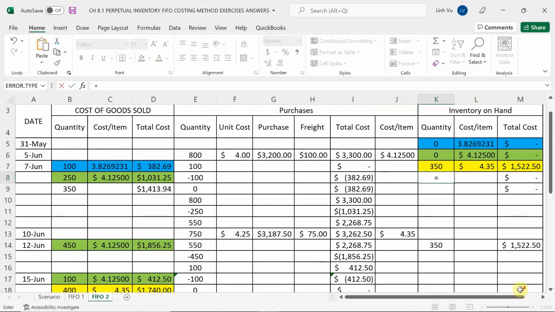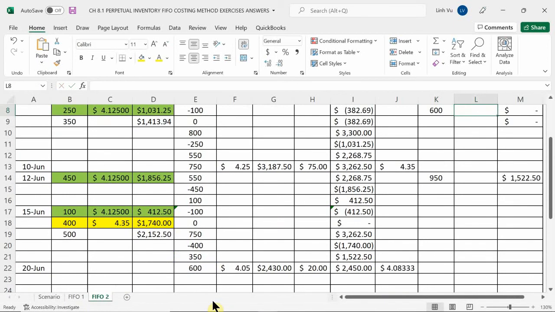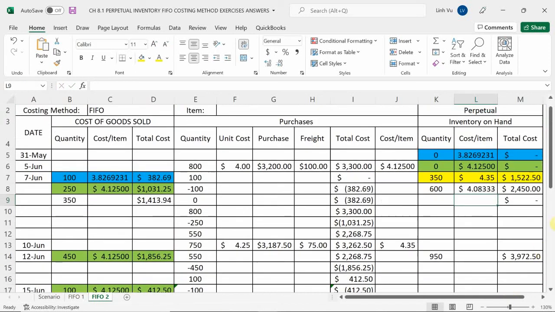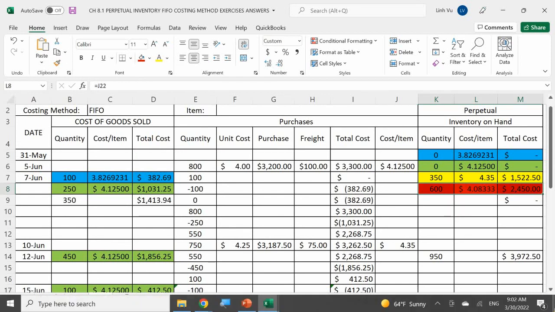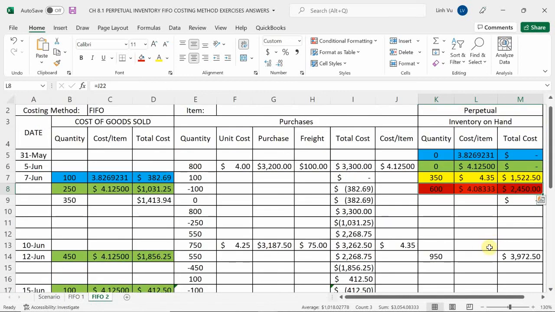That we have a new batch of 600 units at $4.0833. And I'm going to go ahead and color this red. So there we go. So now I have 950 units available.